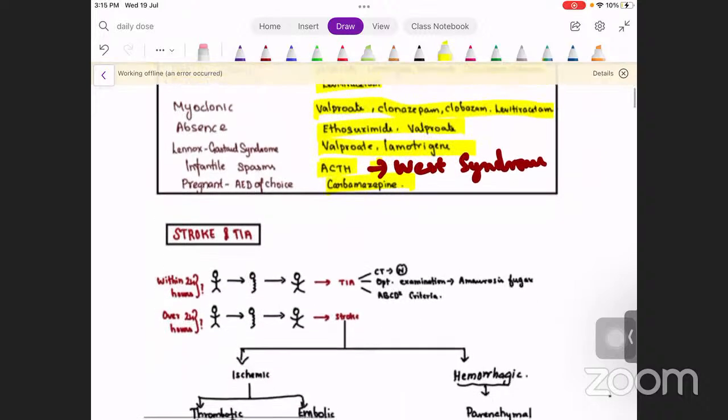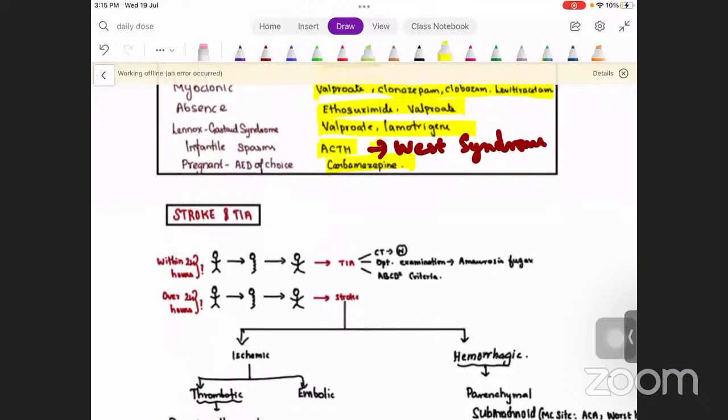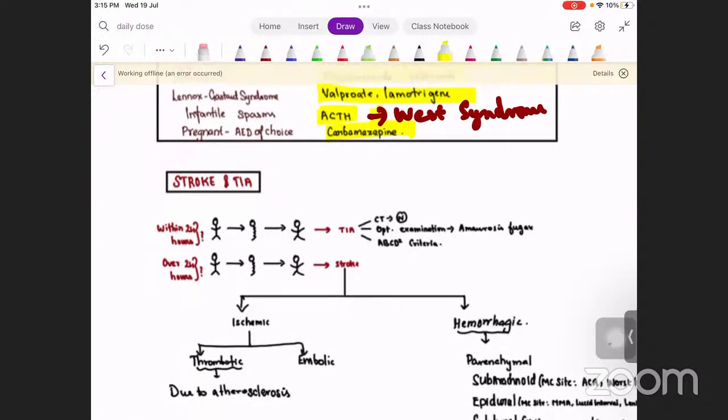Now, apart from that, you have stroke and TIA, transient ischemic attack, along with stroke. Within 24 hours, how does the patient come to you with a typical stroke?